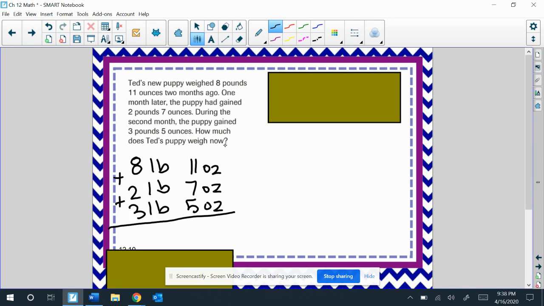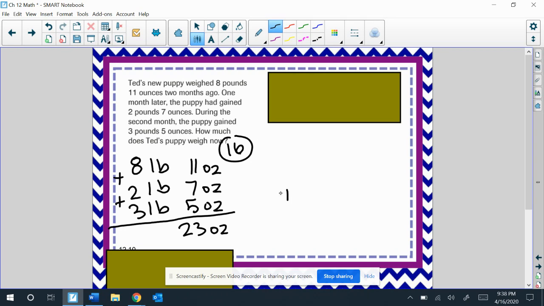All right, we put the number, pounds, ounces, we put 16 in the corner. 11 plus 7 is 18. 19, 20, 21, 22, 23. 23 ounces. We have an issue. 23 is larger than 16. We have to regroup. We have to rename. Just like in fractions, we had to rename because the numerator was bigger than the denominator. Well, this number is bigger than our base of 16.